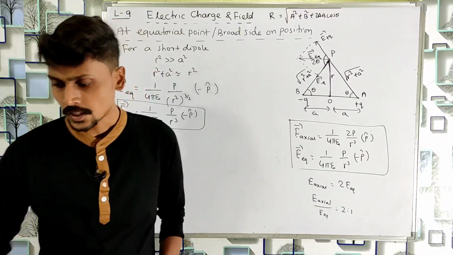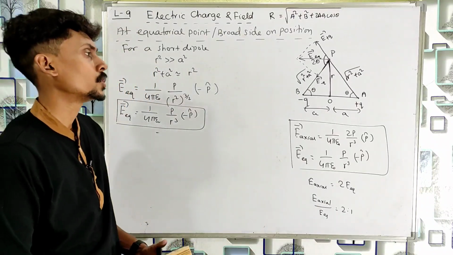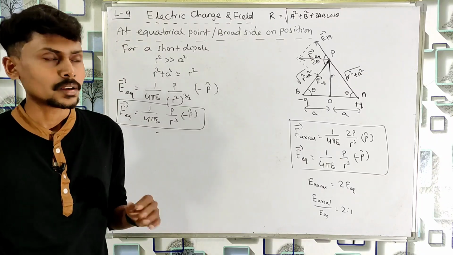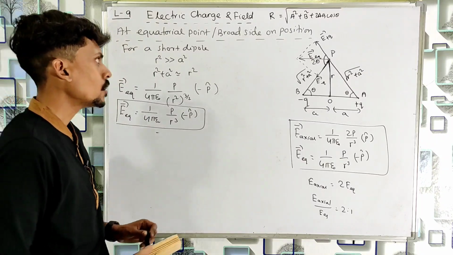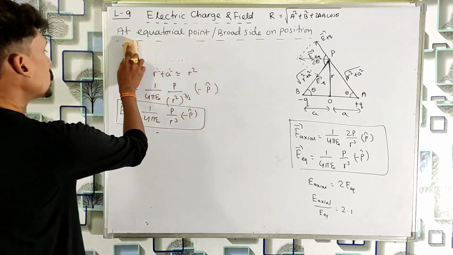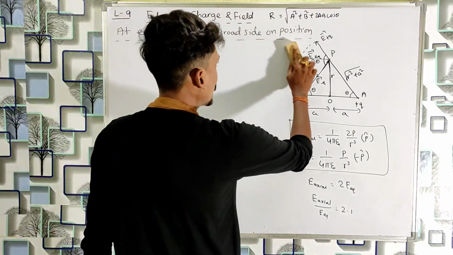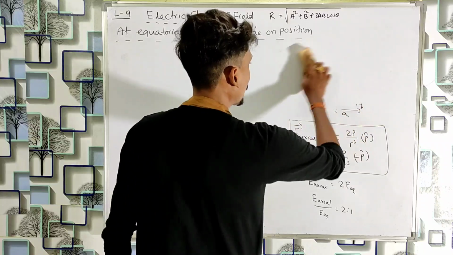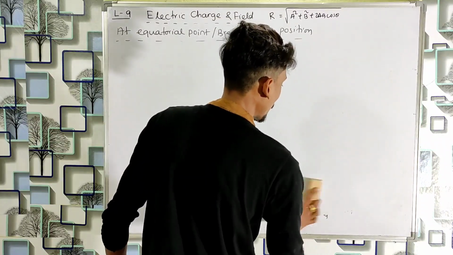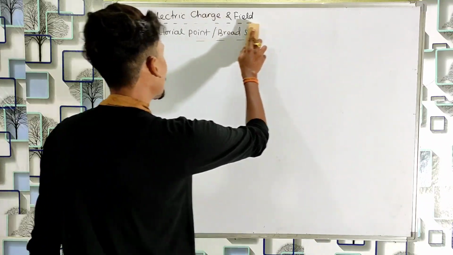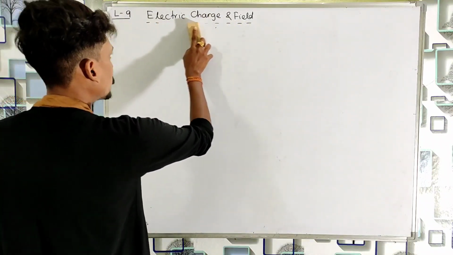In your exam you may get a question to derive the electric field at the axial point or at the equatorial point. Now we will discuss the third case: electric field due to a dipole at any arbitrary point, which means the point is neither axial nor equatorial.